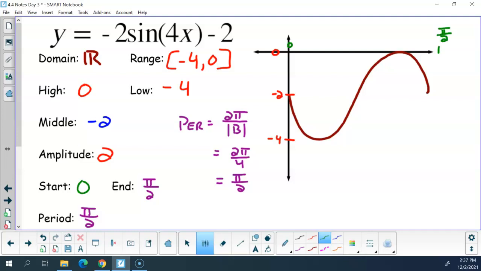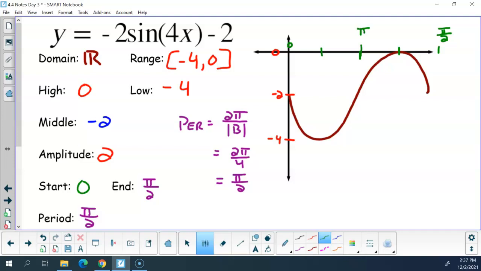Now this is where people have been having some issues on these. Okay? Three averages. Add and divide by 2. 0 plus pi over 2 divided by 2 is pi over 4.